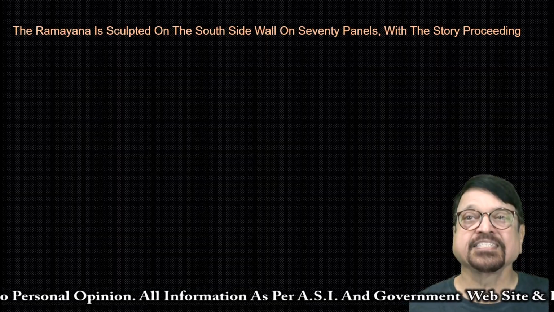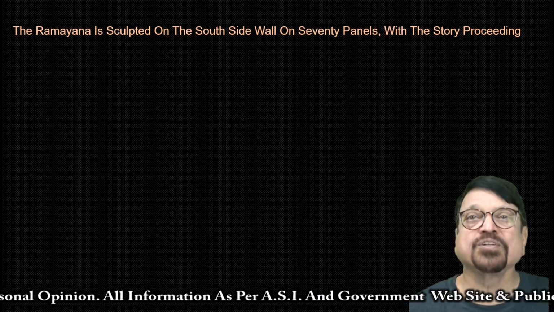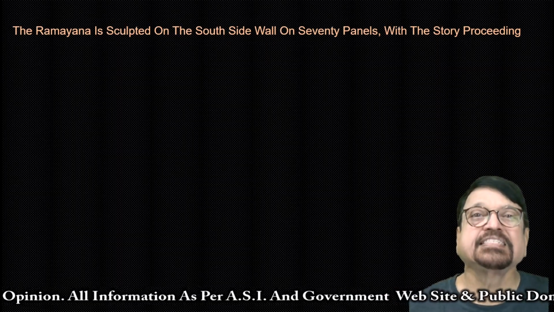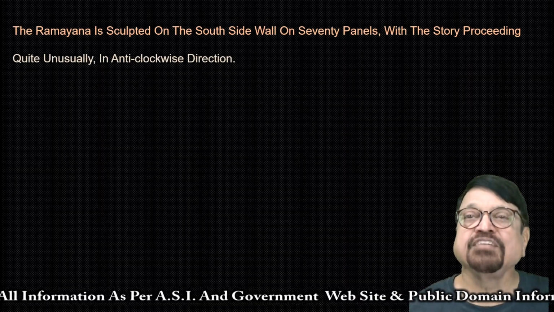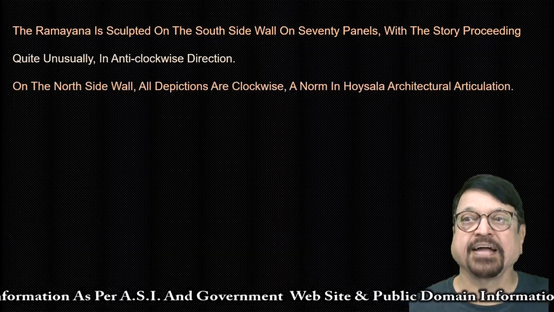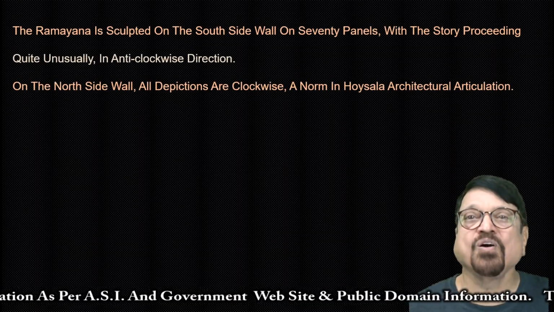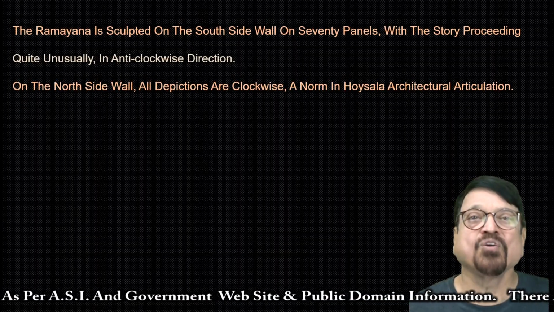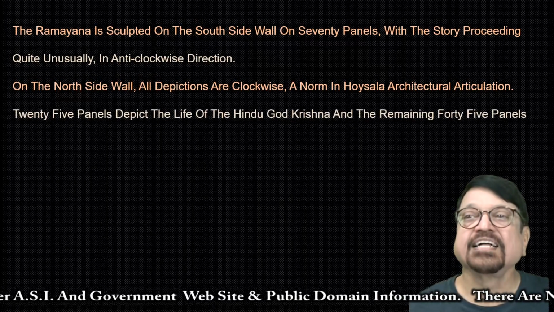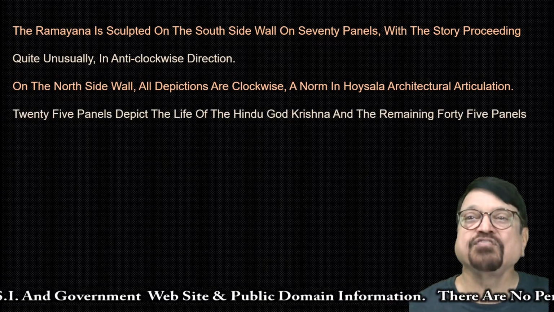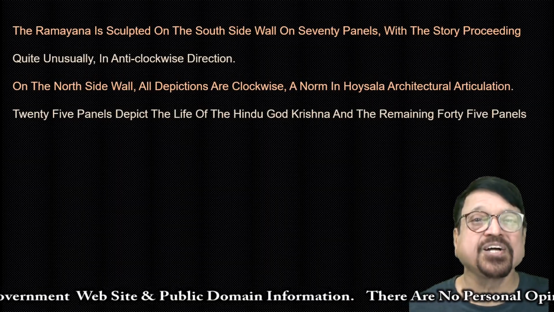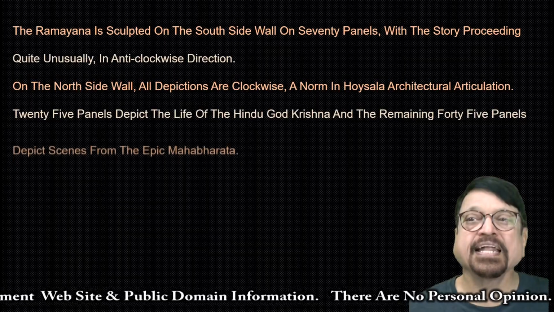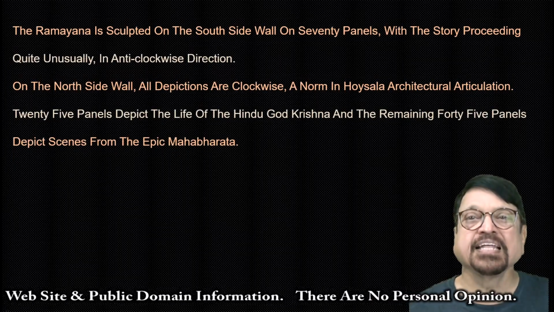The Ramayana is sculpted on the south wall in 70 panels, with a story narrating different incidents of the Ramayana. On the northern wall, going clockwise in Hoysala architecture, 25 panels depict Lord Krishna, and the remaining 45 panels depict scenes from the Mahabharata.